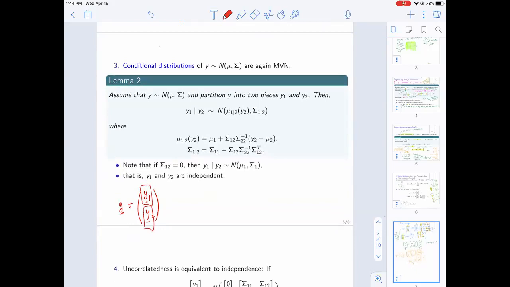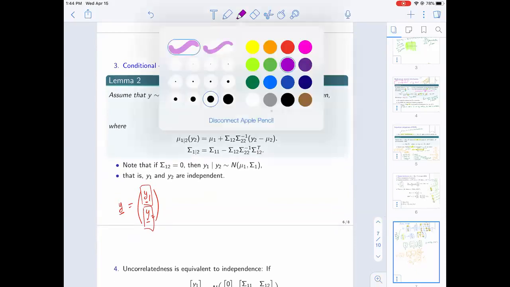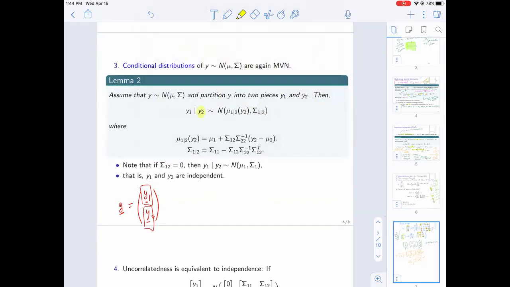And then we condition on Y2, which is saying that I've seen this part. What can I say about the distribution of Y1? That's the conditioning. If I see this part of the vector, Y2, how does the distribution of the top part change?